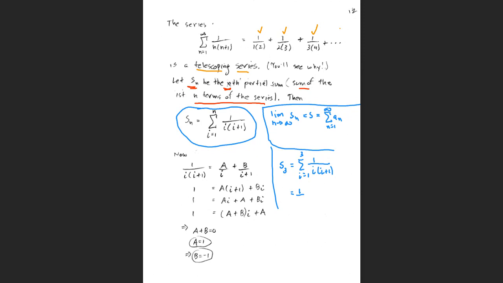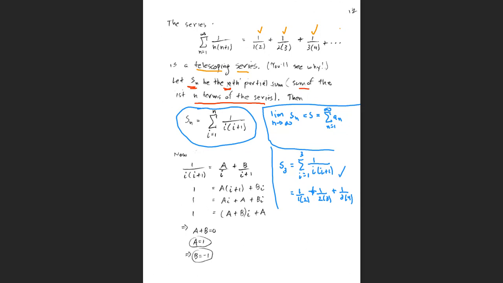That equals 1 over 1 times 2 plus 1 over 2 times 3 plus 1 over 3 times 4. It's the sum of the first 3 terms of the series. That's what we mean by nth partial sum.